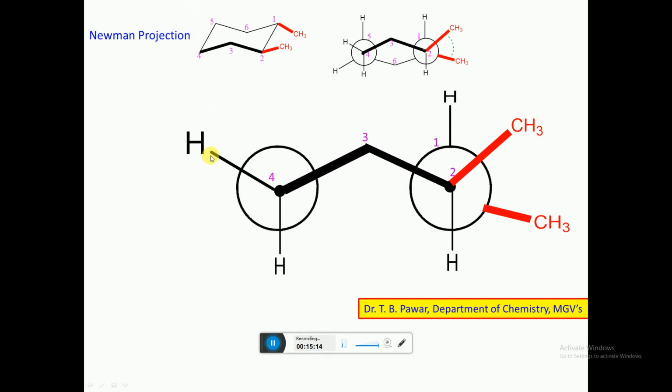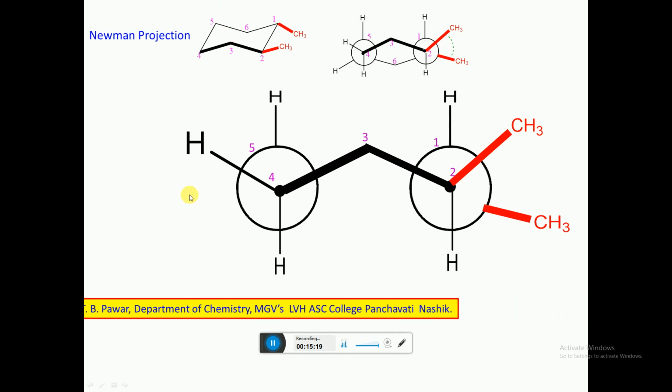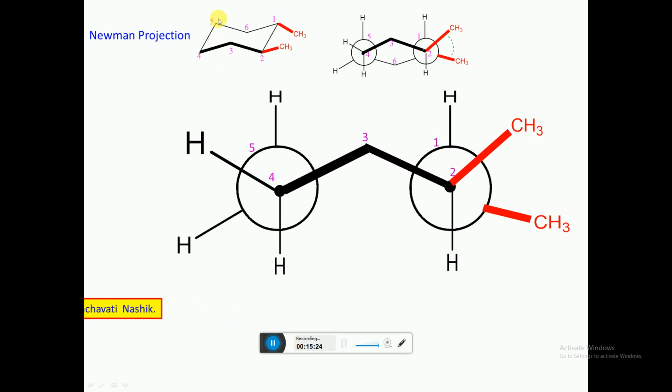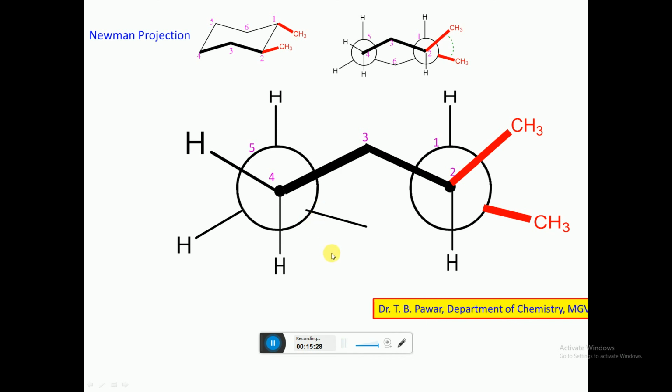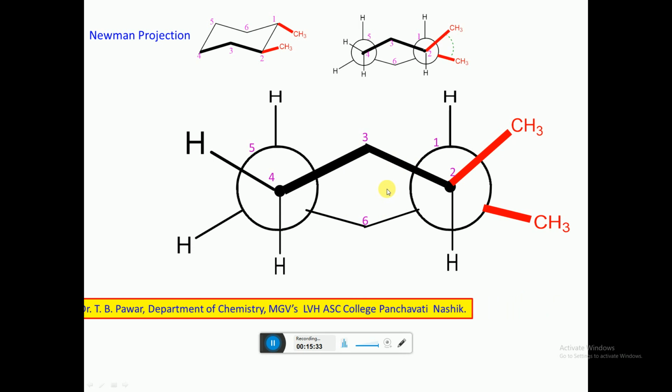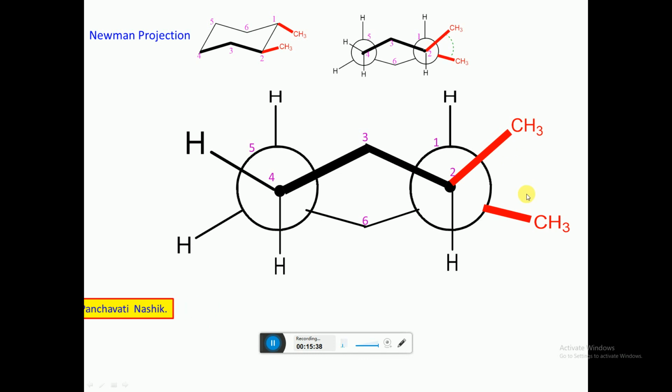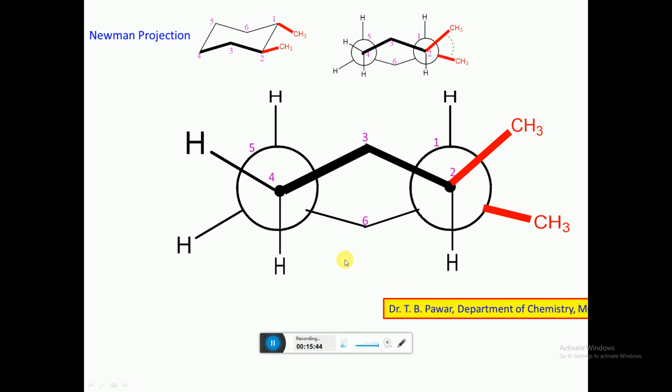Carbon number 5 is at the back, so it is represented by the circle, and 5 is attached to carbon number 6. At carbon number 5, there are 2 hydrogens, one axial and another equatorial. Carbon 5 is attached to carbon number 6, and 6 is attached to carbon number 1. This becomes the Newman projection, and it clearly indicates one gauche interaction in equatorial trans 1,2 dimethyl cyclohexane, which has 0.9 kilocalorie per mole.